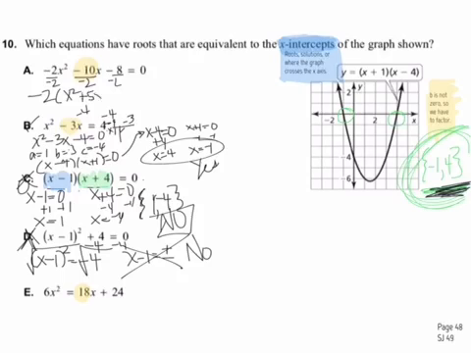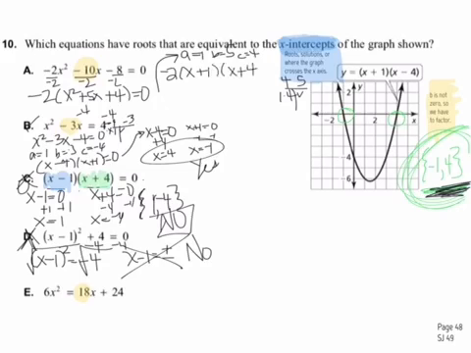A is 1, B is 5, C is 4, A times C, sum of B. 1 times 4 gives me 5. Bring over my greatest common factor, x plus 1, x plus 4.